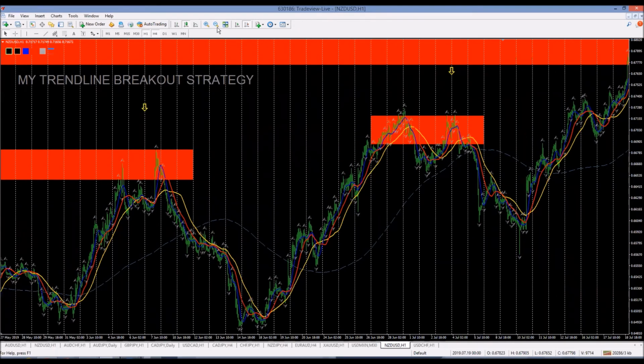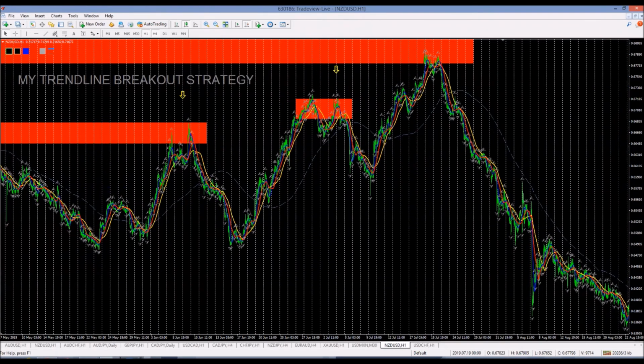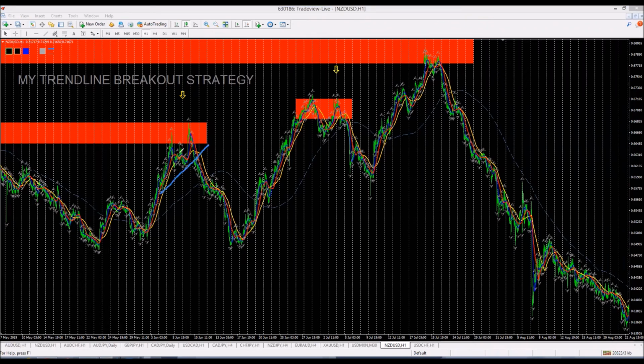Let me scrunch up the chart a bit because I'm going to fit all three of them. Here we see something quite amazing. Something that I know, which is why I've spoken about the ICT order block. But anyway, you guys can see it. Trendline break. Double top, single line trendline break. Double top, single line trendline break.